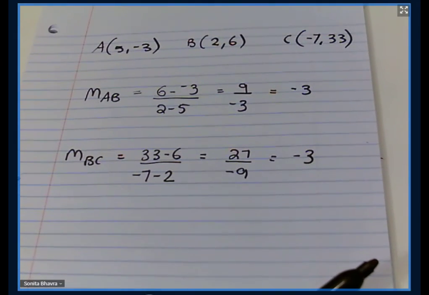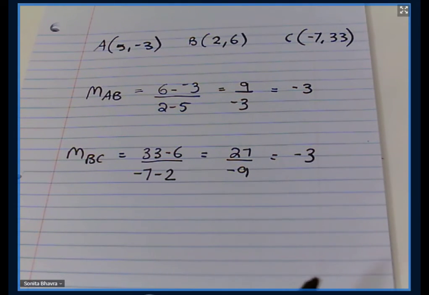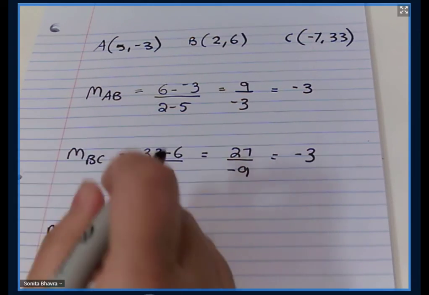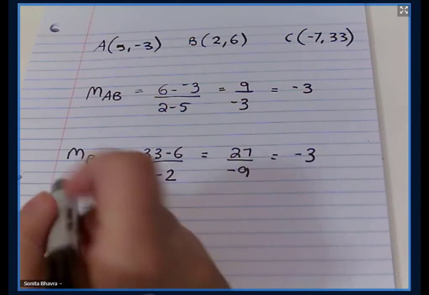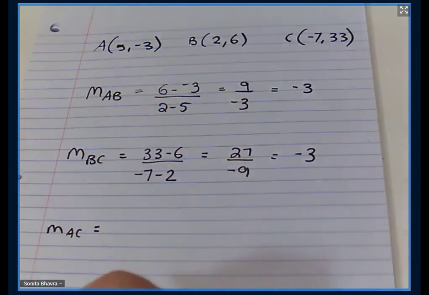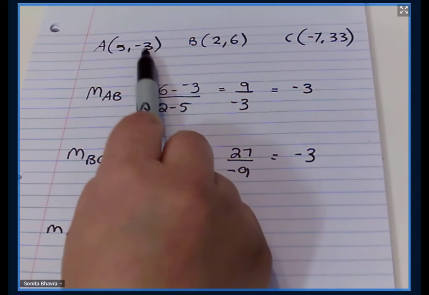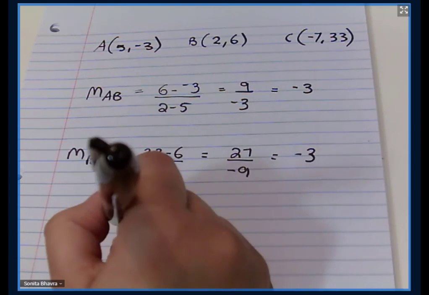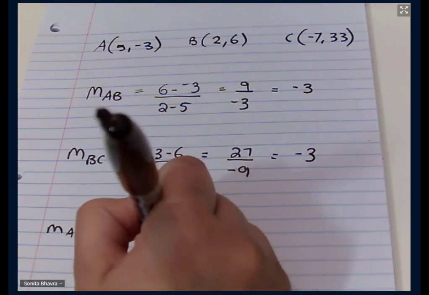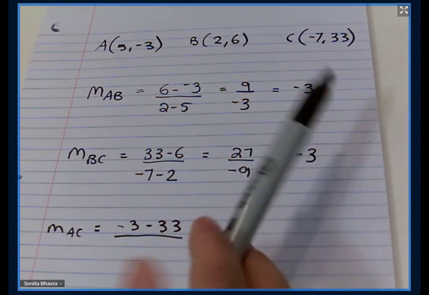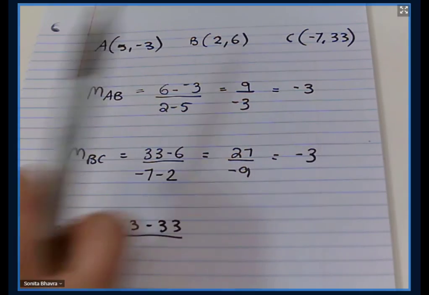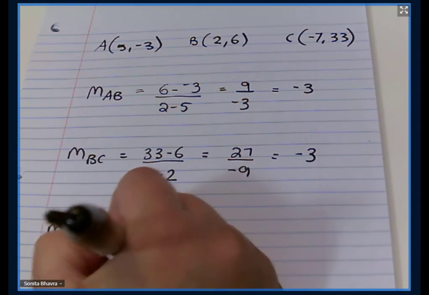However, if you wanted to take it one more step, and you wanted to calculate the slope of A and C, you can. Slope of AC, I'll go the other way this time. I'll go negative 3 minus 33. And then for x, I'm going to say 5 minus negative 7.